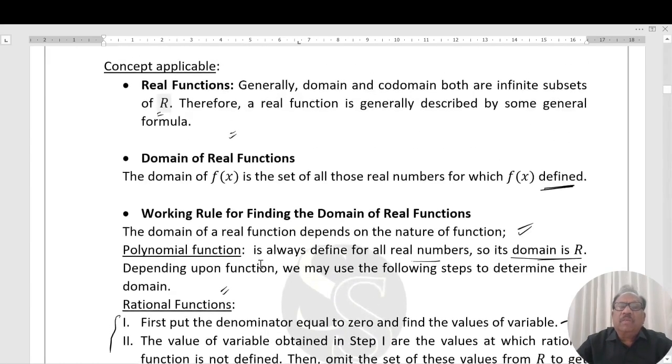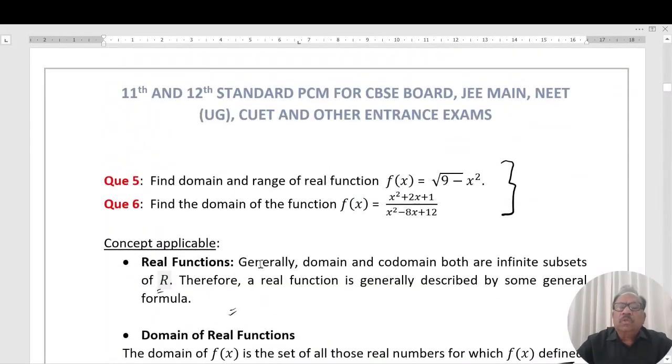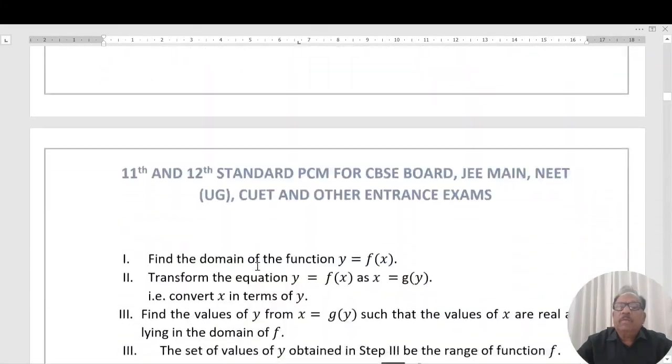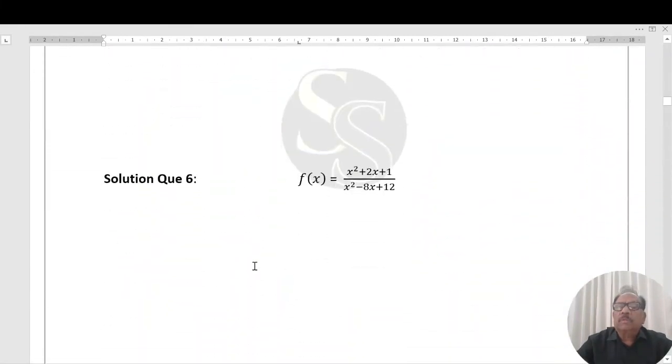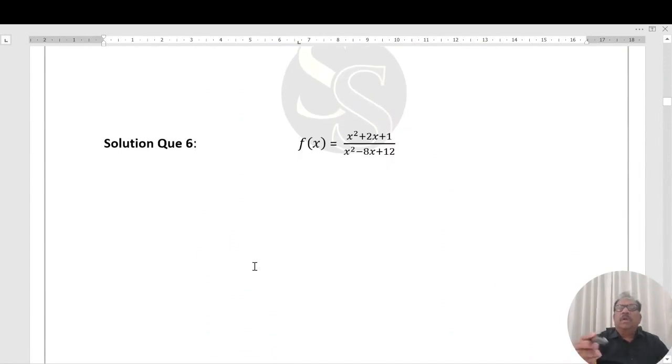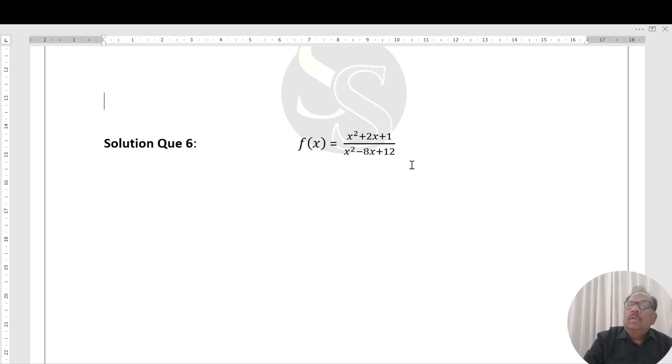Now, let's start the first question, question number 6, right? This is a rational expression. We have to find its domain.